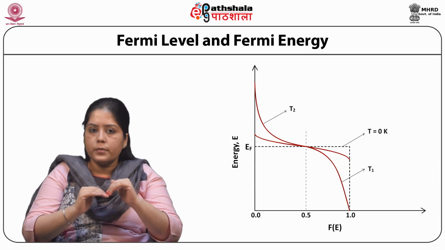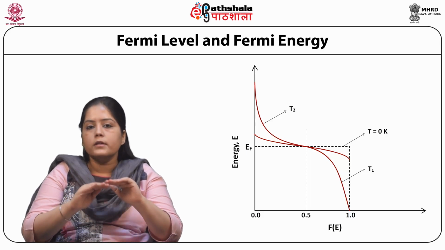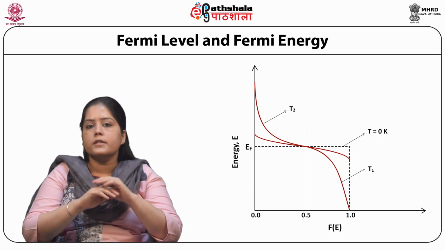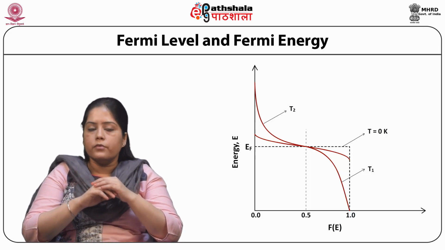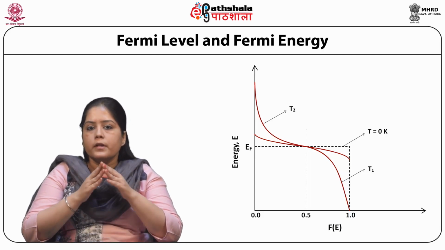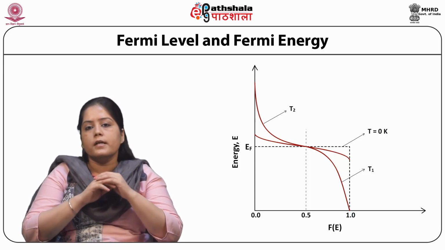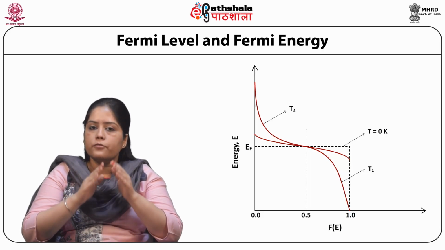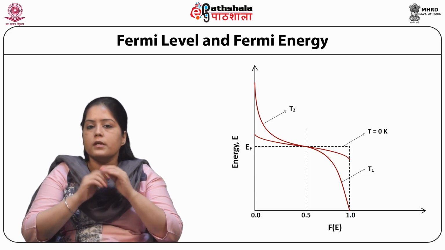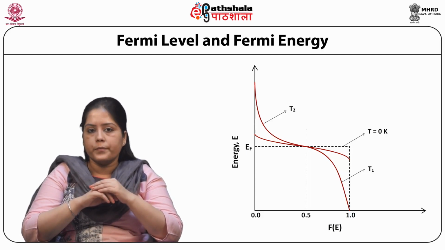At low temperature, all the available energy states up to a certain energy level will be occupied by the two electrons. This energy level is called the Fermi level, or EF, which is represented in the figure also.